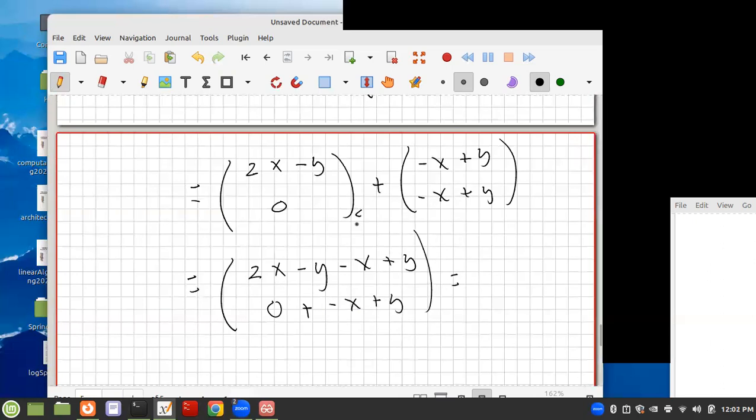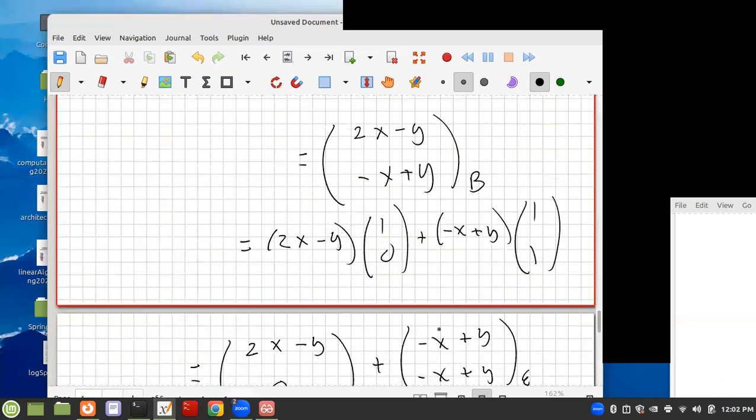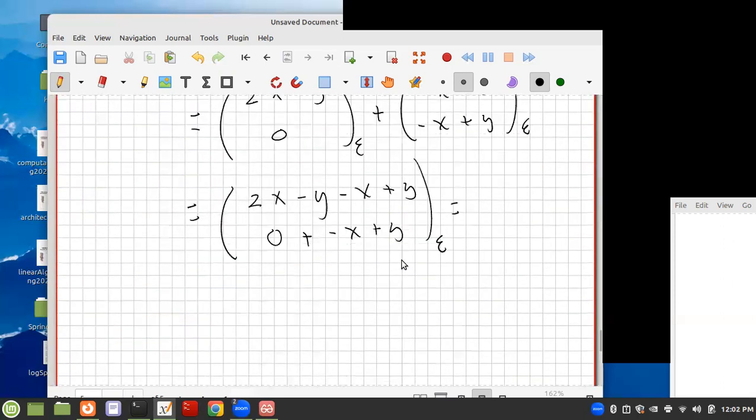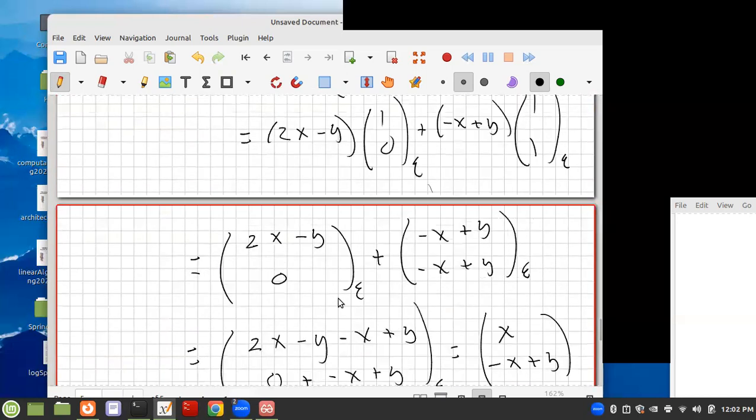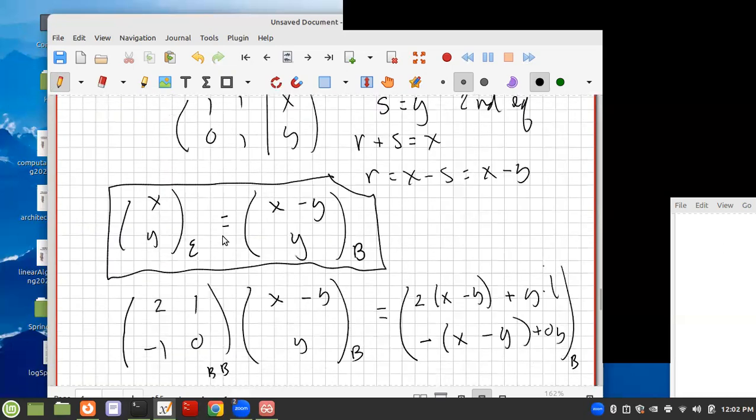Now this is in the standard basis, because I'm given this basis B as vectors in the standard basis. That's how I know what it is. So this one is 2x minus x is x, minus y is y, and this bottom one is minus x plus y.